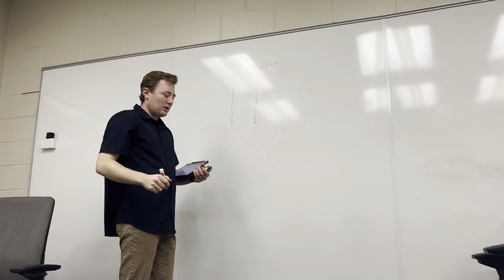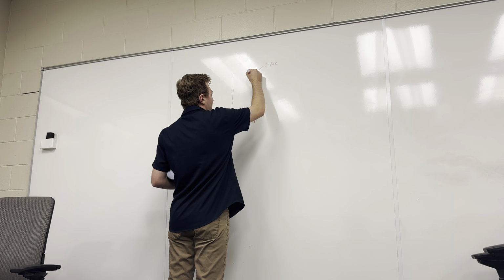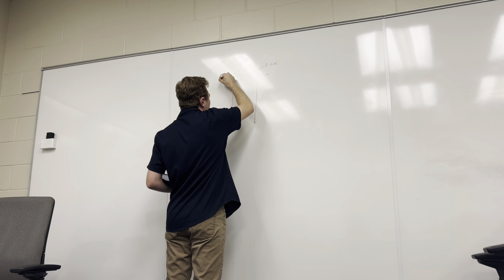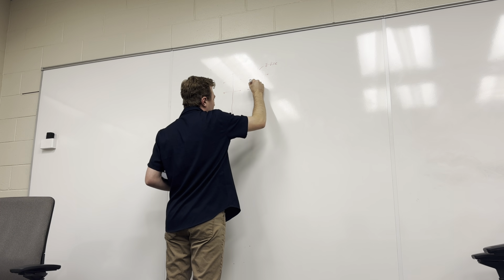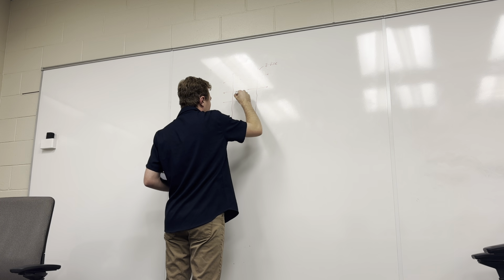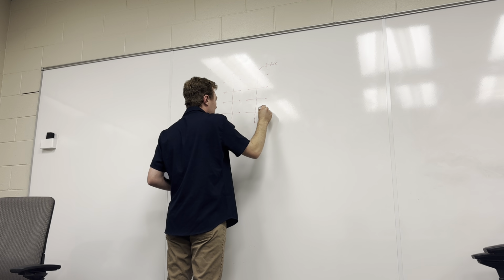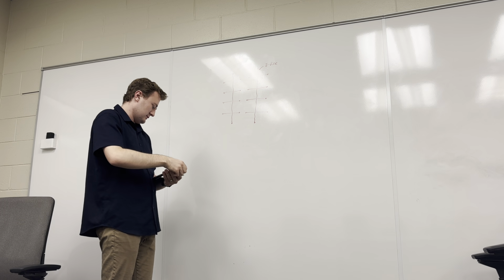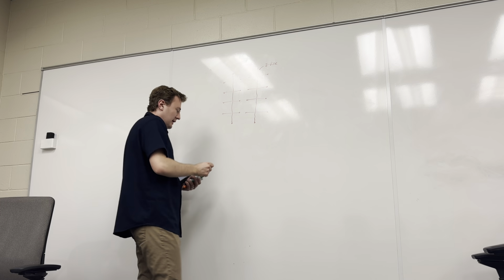In our Z disc, we have something called nebulin. So nebulin goes across here. And on our nebulin, let me label that.